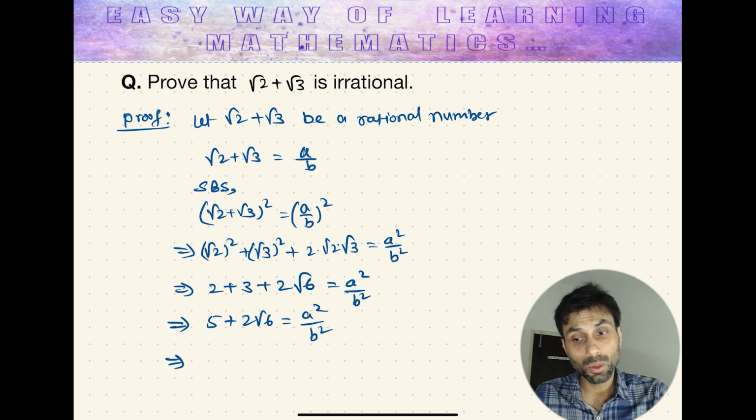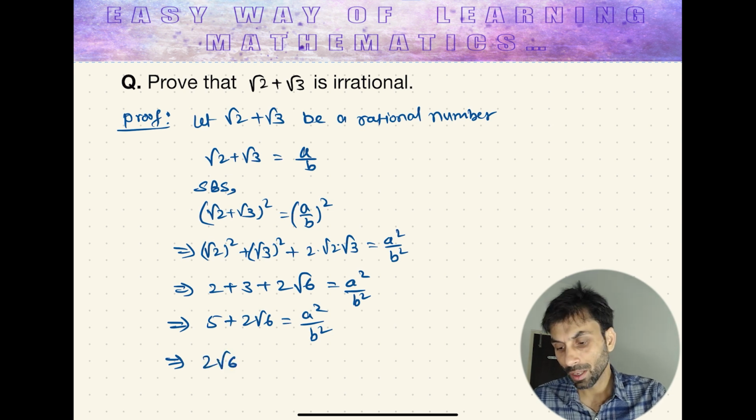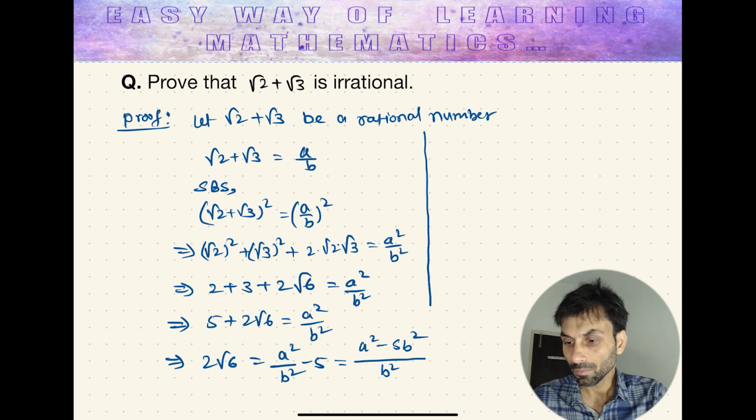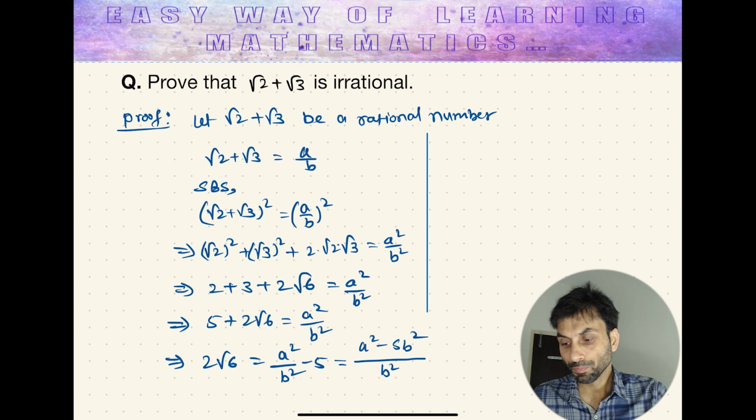Now if I transpose 5 to the right hand side, we'll get 2 root 6 equals a square upon b square minus 5, which with LCM b square will be a square minus 5b square. Now we'll transpose the 2 also to the right hand side.